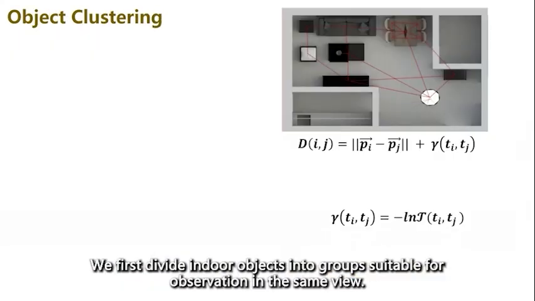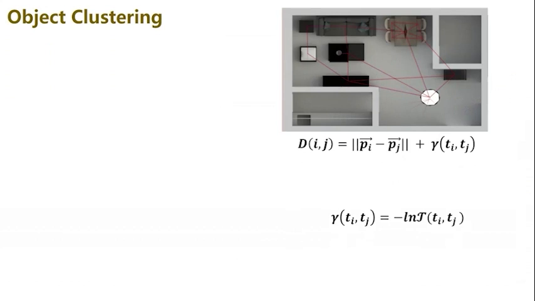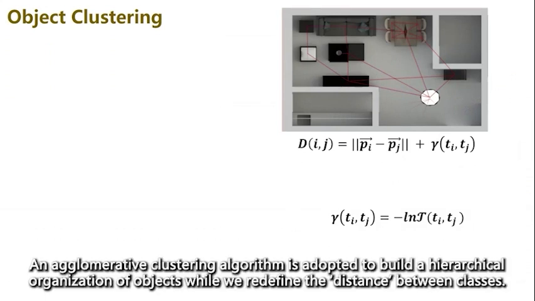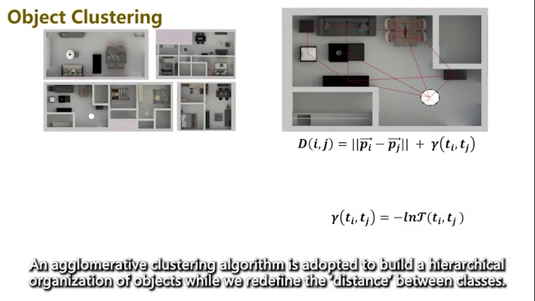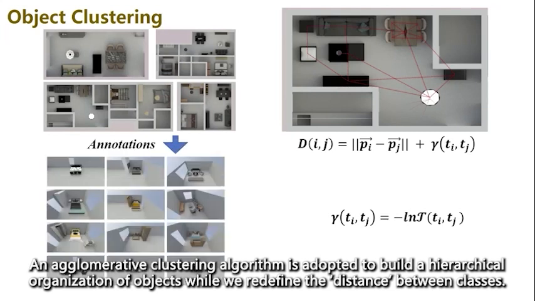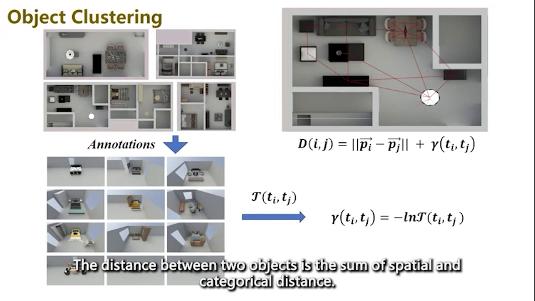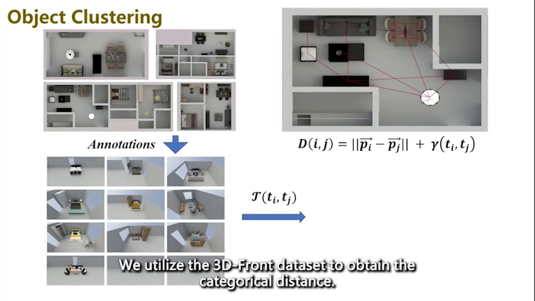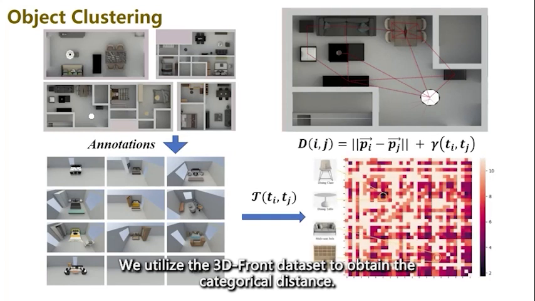We first divide indoor objects into groups suitable for observation in the same view. An agglomerative clustering algorithm is adopted to build a hierarchical organization of objects, while we redefine the distance between classes. The distance between two objects is the sum of spatial and categorical distance. We utilize the 3D Front dataset to obtain the categorical distance.